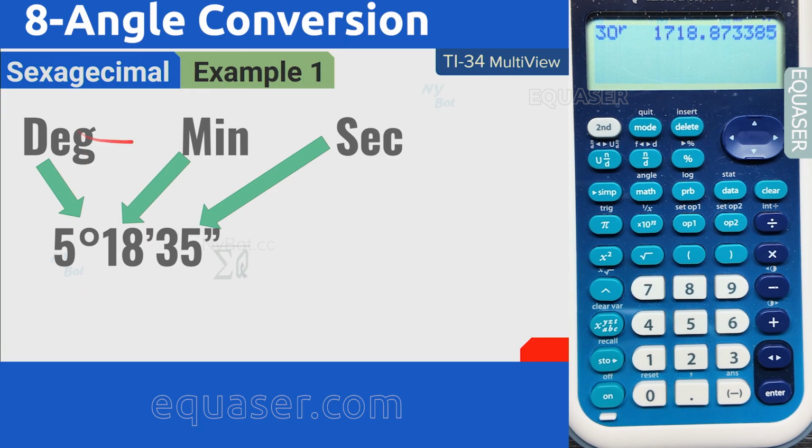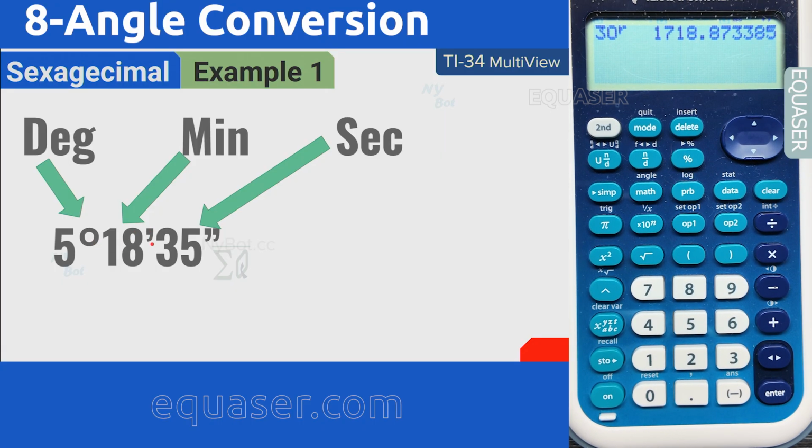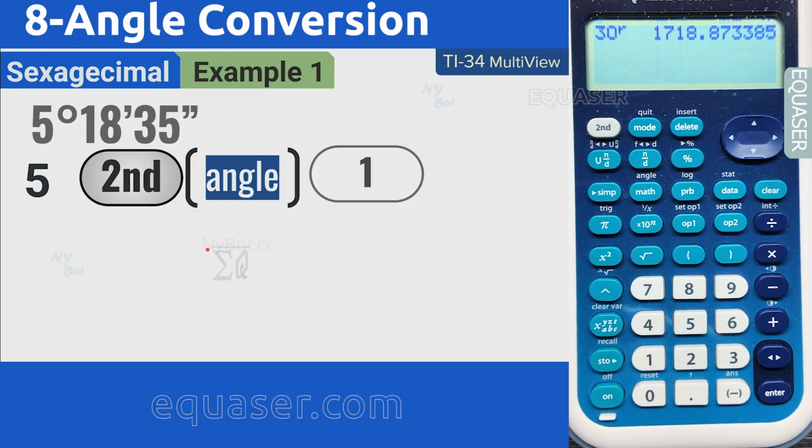Now let's have a look at this degree, minute, and second. It will be represented this way, and there will be degree. For minute, we have 1 apostrophe. For second, it's double quote or double apostrophe.